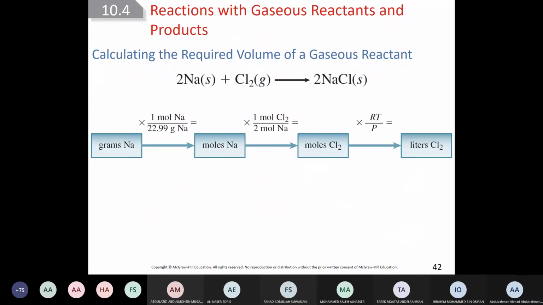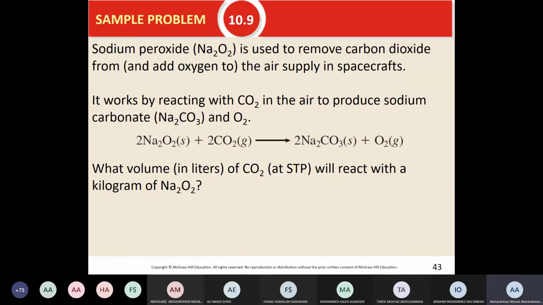Good. Let's solve this problem. Sodium peroxide, Na2O2, is used to remove carbon dioxide from and add oxygen to the air supply. So it reacts with CO2 and gives you oxygen, which is good. We sometimes want to produce O2. This is used in spacecrafts.